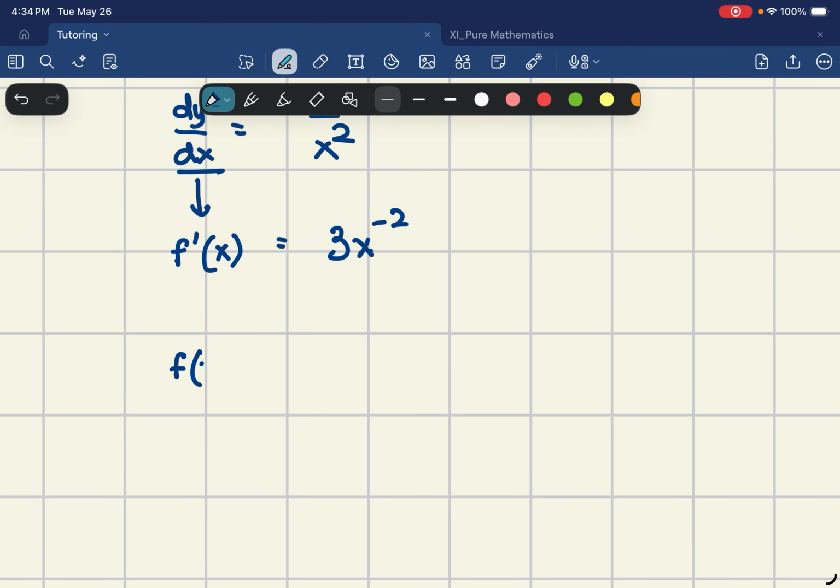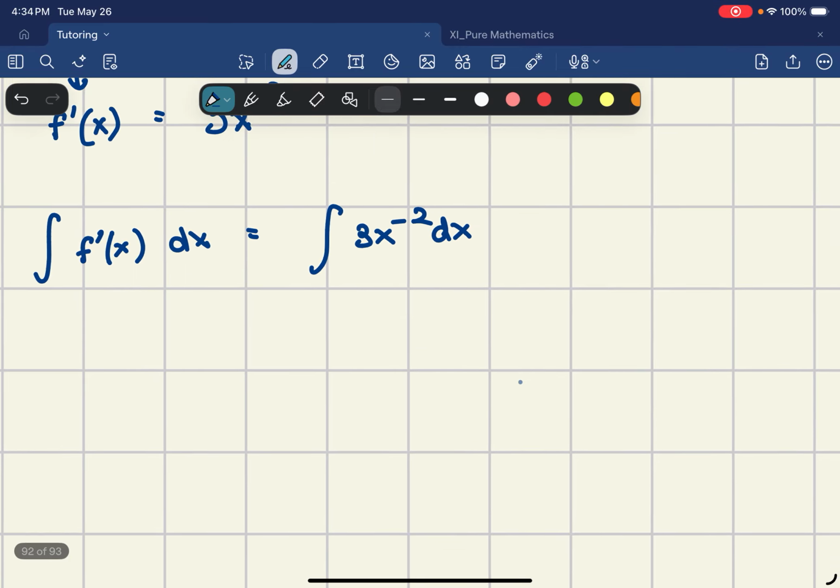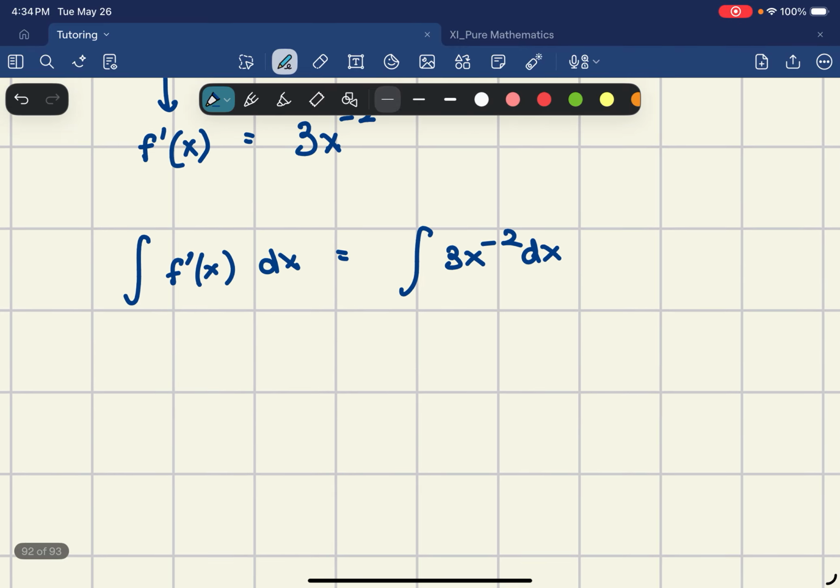So f of x is just going to be the integration, or what we can do is just integrate f dash of x dx. That means we integrate this expression with respect to dx, right? We integrate both sides with respect to dx. And on my left-hand side, I am going to get f of x.